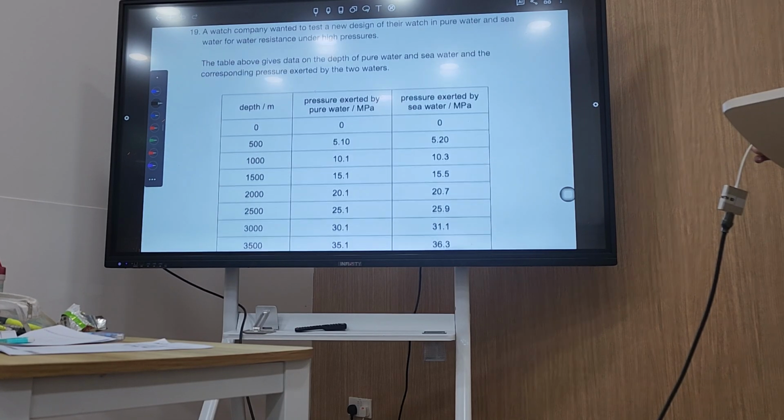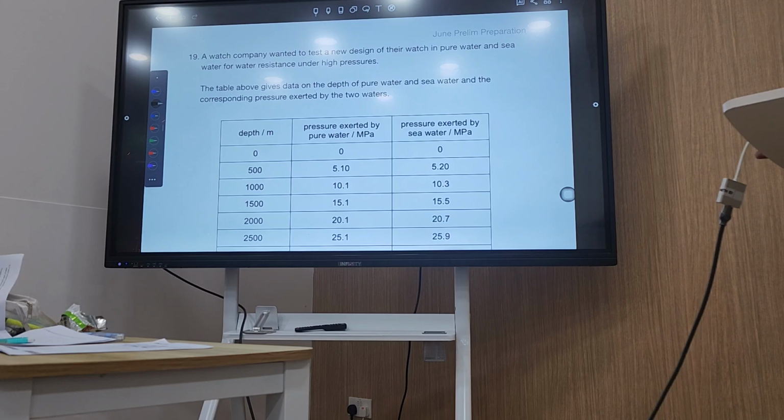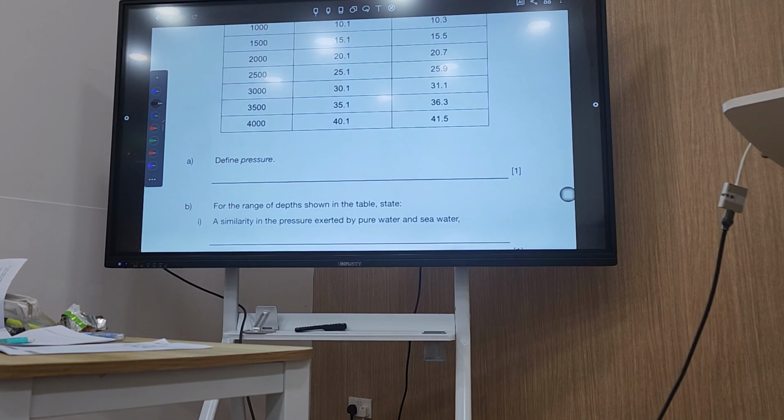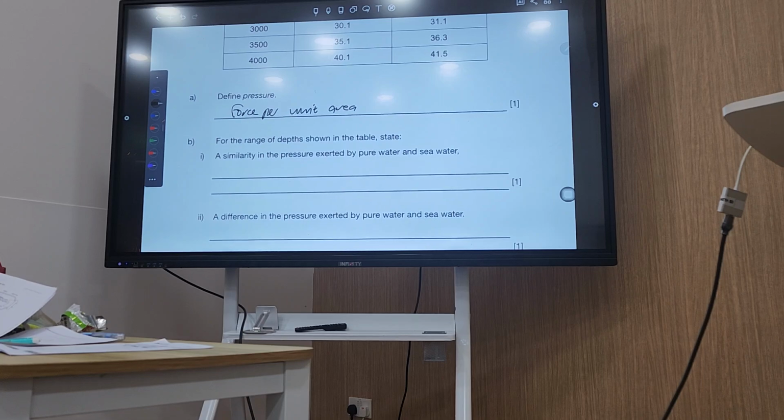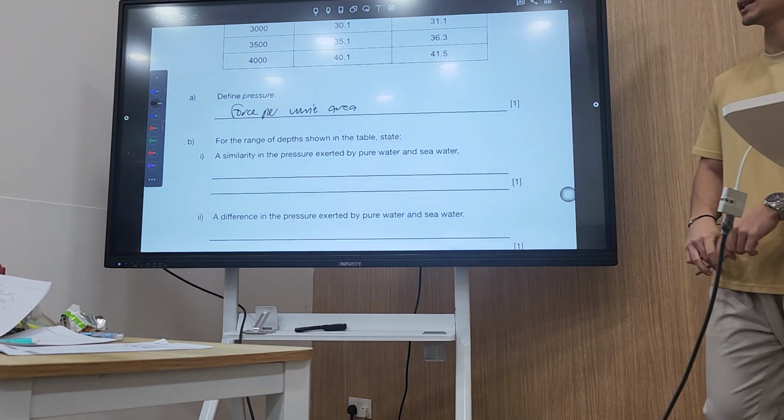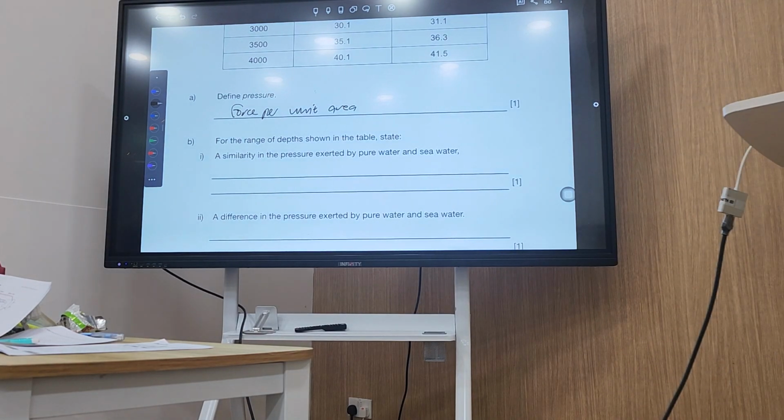Okay, good. Question 19. A watch company tests the new design. Define pressure: force per unit area. This one is easy. For the range of depths shown, state a similarity in the pressure exerted by pure water and seawater. Nero, what is the similarity?